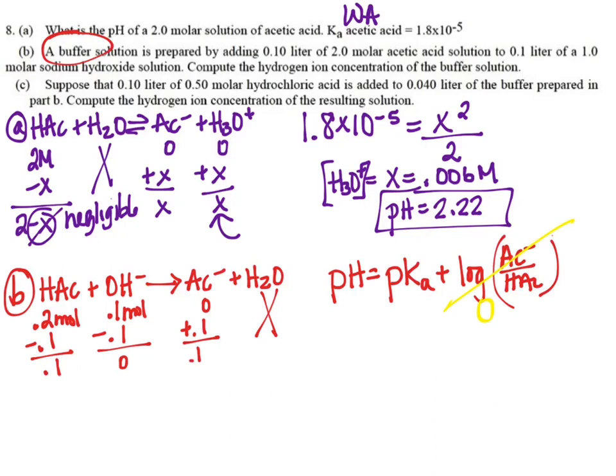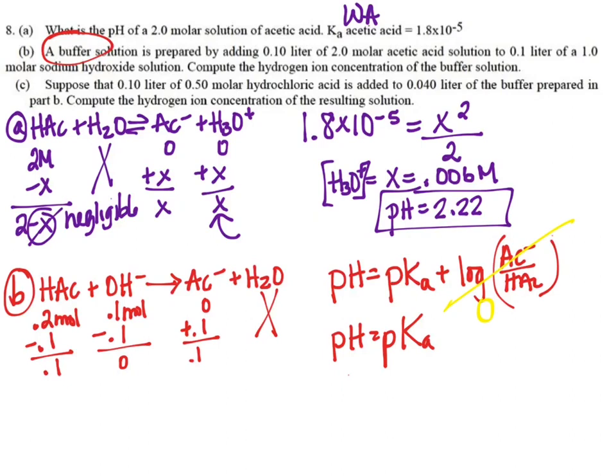Again, I haven't converted these over to molarity. They're still in moles. But I went ahead and crossed out the second part of my equation. And why did I do that? Because they're the same. So it's equal to 1. So in this situation, pH is equal to my pKa.